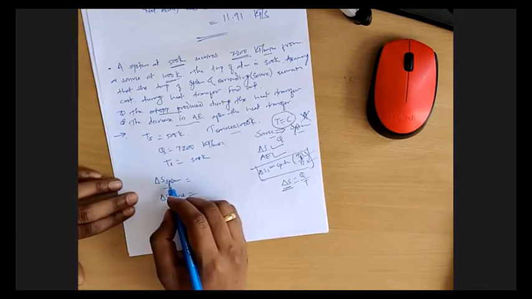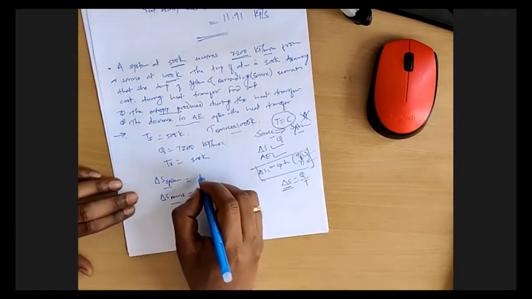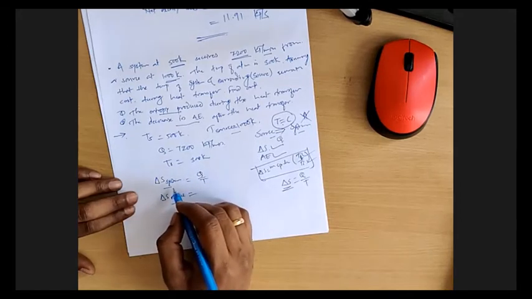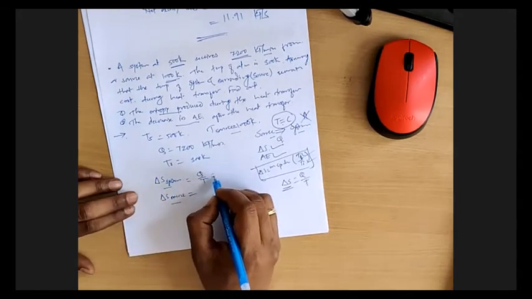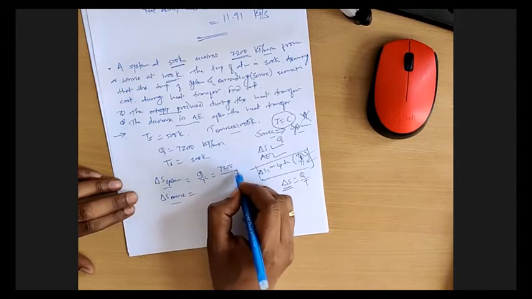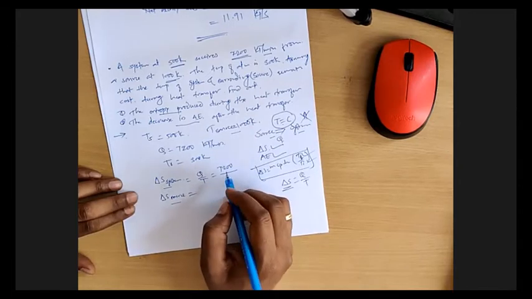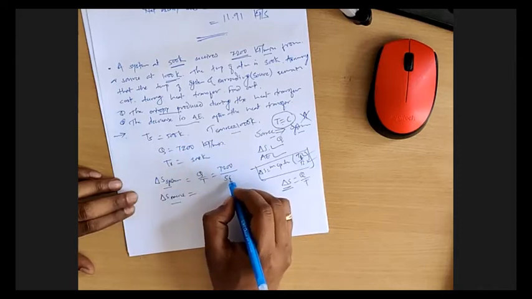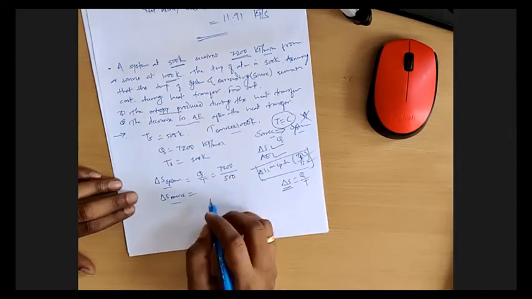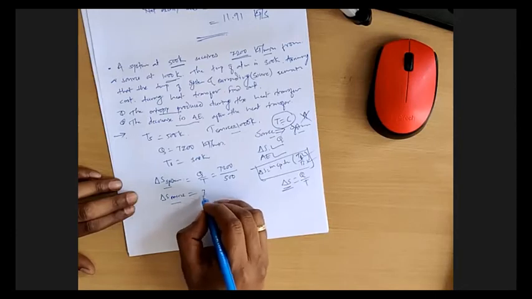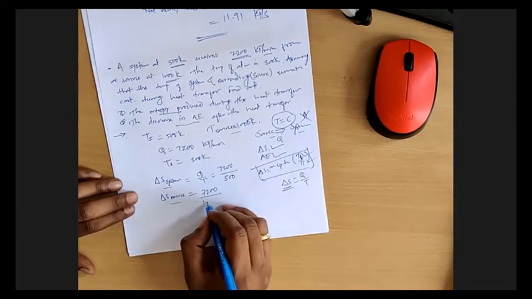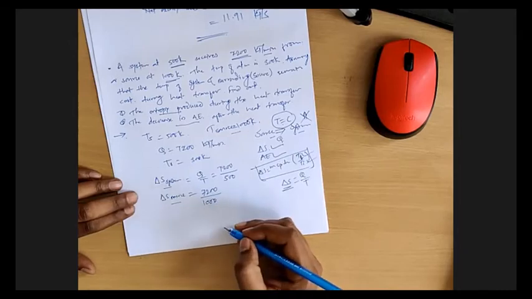For system and surrounding, Q by T, let's calculate for system first. The heat transfer is 7,200, and system temperature is 500 Kelvin. For source, the heat transfer remains the same 7,200, but its temperature is 1000 Kelvin.